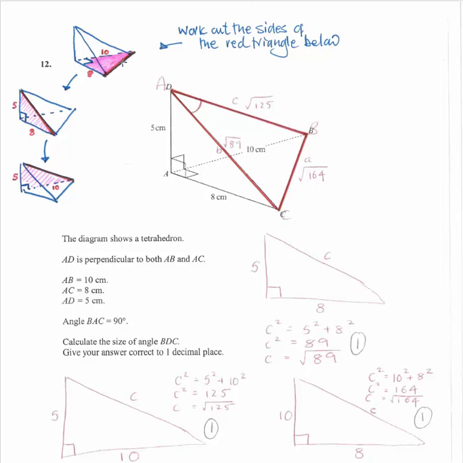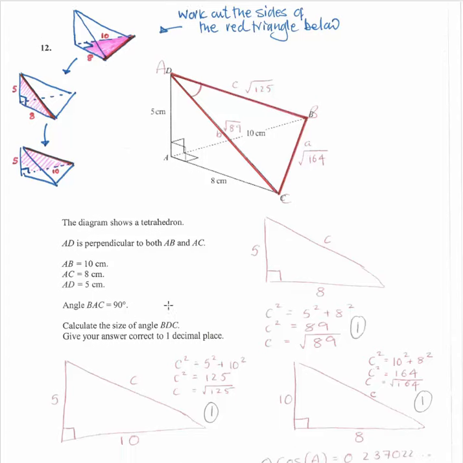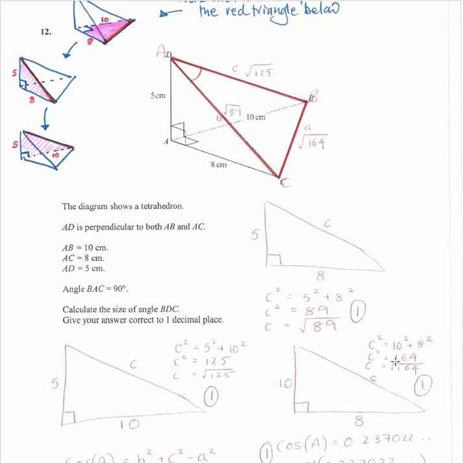This line here is the same as this line here, but by colouring it, you get an idea of what the triangle looks like. This is 8 and this is 10, and I can use Pythagoras to work out what that side is. That's 10 squared plus 8 squared, and they've written it as the square root of 164.